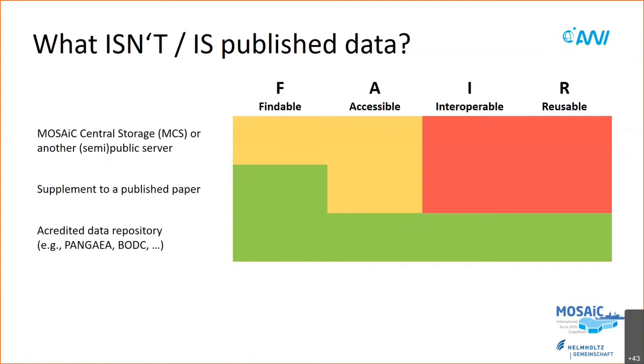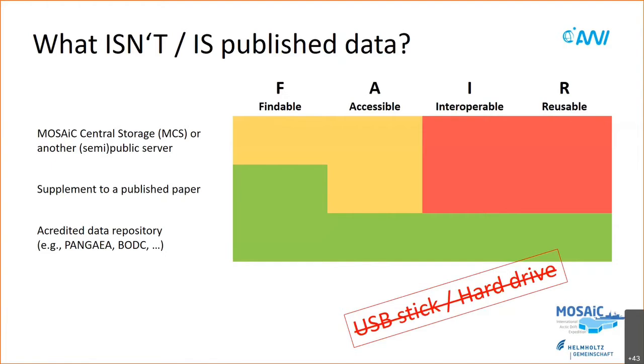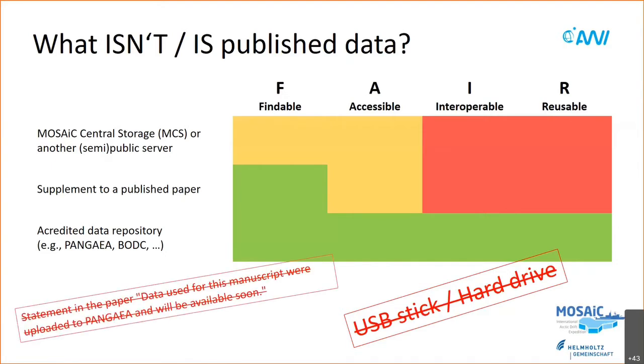Another look at it: it's clear that published data isn't a USB stick or hard drive. It definitely isn't a statement in the paper, like "Data used for this manuscript were uploaded to Pangaea or some other repository and will be available soon." So these are not published data.